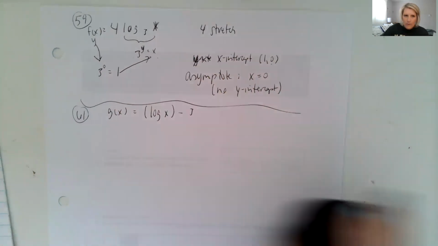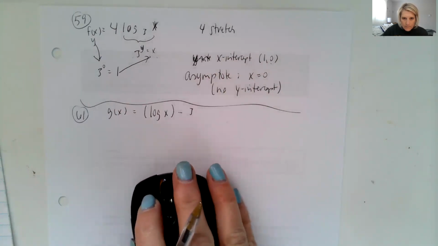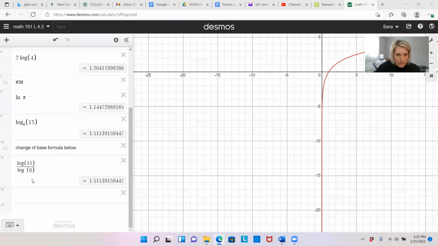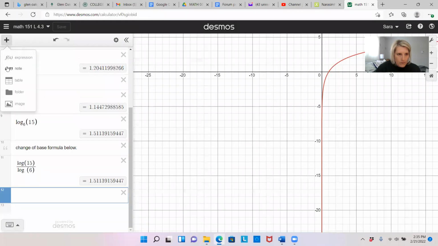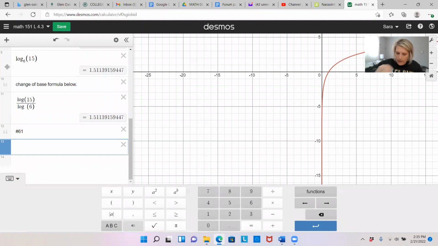So let's put this into Desmos so that we can get familiar. This is number 59, and we're going to put in y equals 4 log, oh, we need the log base.